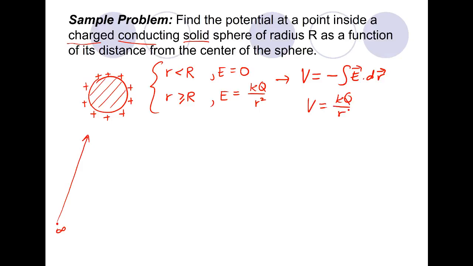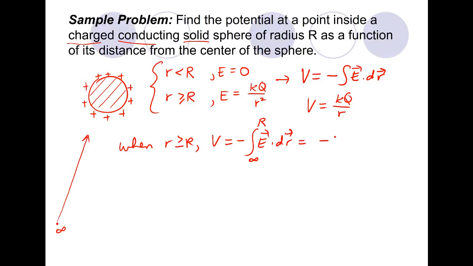But really where this comes from is that when r is greater than or equal to R, V is negative integral of E dot dr, and we're going from infinity to big R at the most.